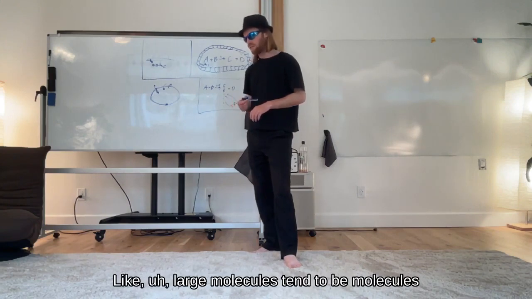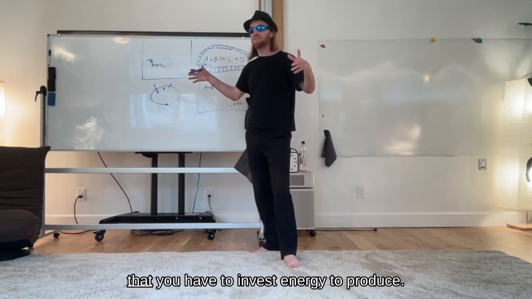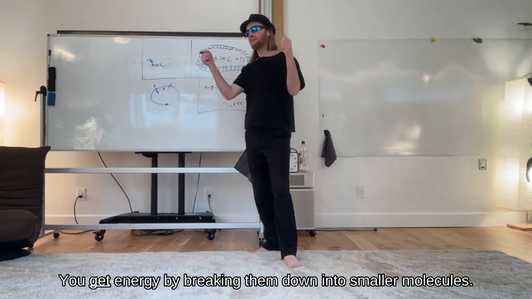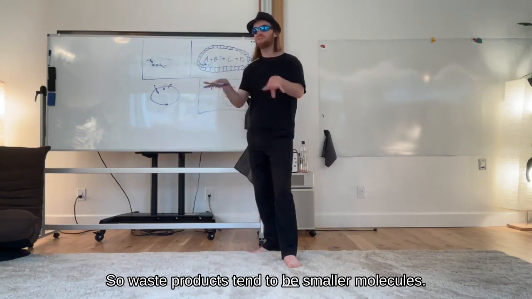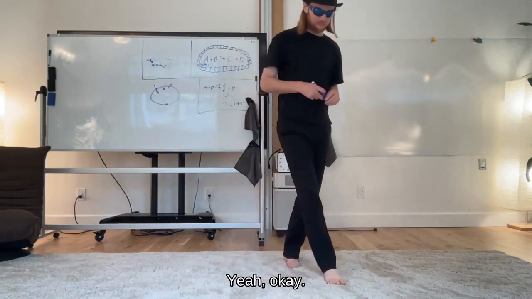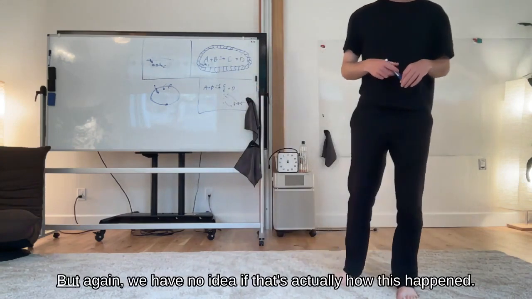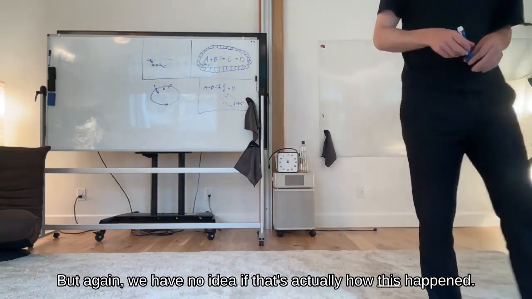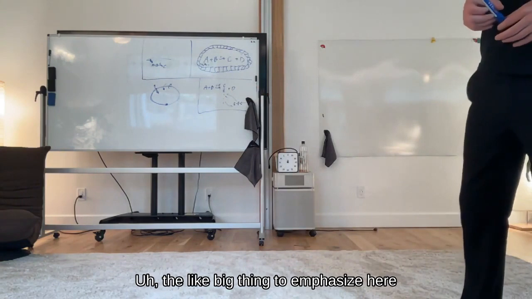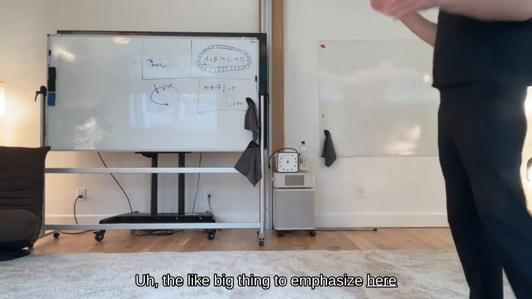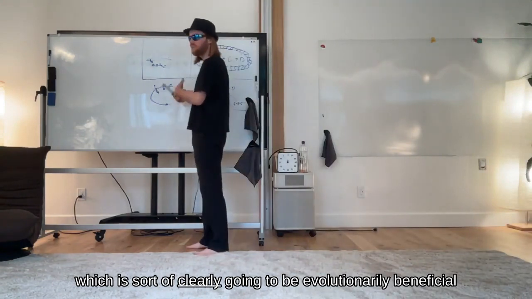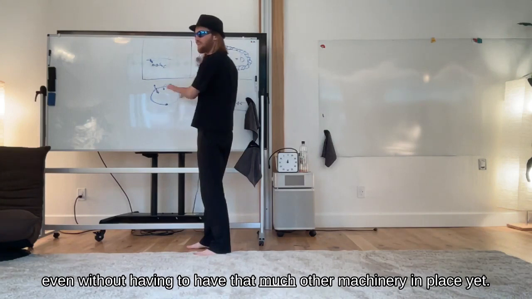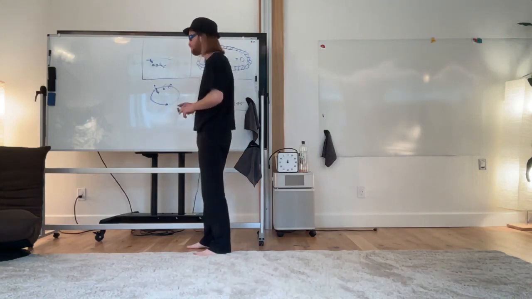Large molecules tend to be molecules that you have to invest energy to produce. You get energy by breaking them down into smaller molecules. So waste products tend to be smaller molecules. Yeah. Okay. But again, we have no idea if that's actually how this happened. The big thing to emphasize here is that this is functionality which is clearly going to be evolutionarily beneficial even without having that much other machinery in place yet.